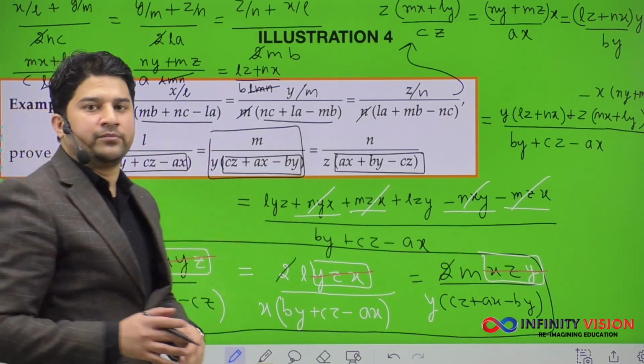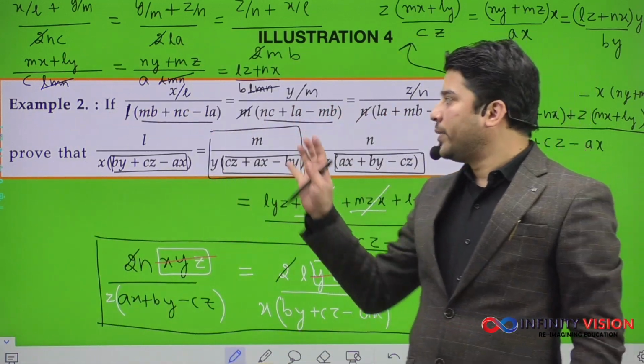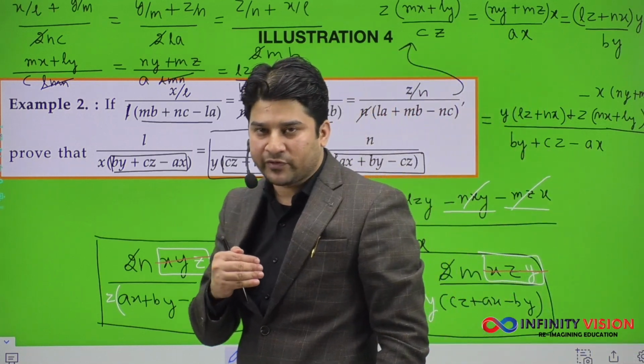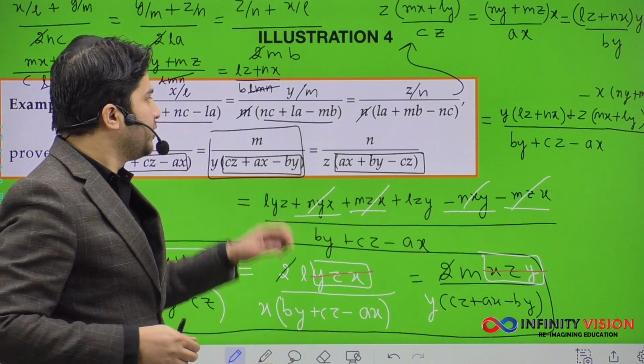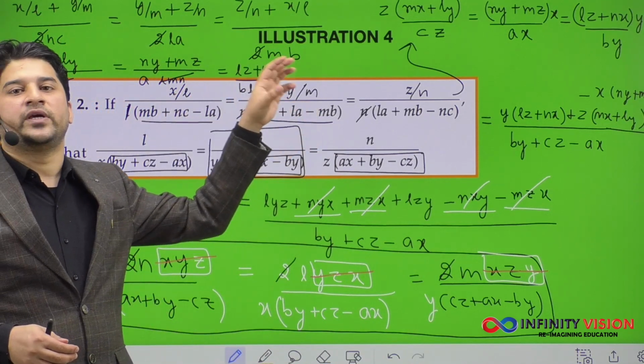So this problem looked terrible, looked difficult, but the first idea was, whenever we encounter a difficult problem, we have to begin with the first step. We followed the pattern, we followed the symmetry, and we started moving ahead.